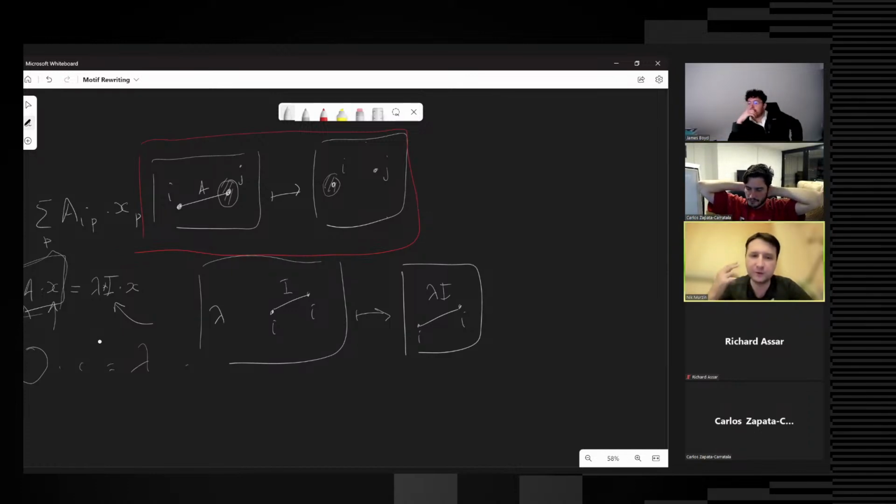Because the only way to introduce the lambda is to introduce nullary hyperedges. So you have to find an X, an eigenvector of the rewriting rule, such that when we perform our rewriting, we do the contraction in ways that introduce these nullary hyperedges lambda number of times.